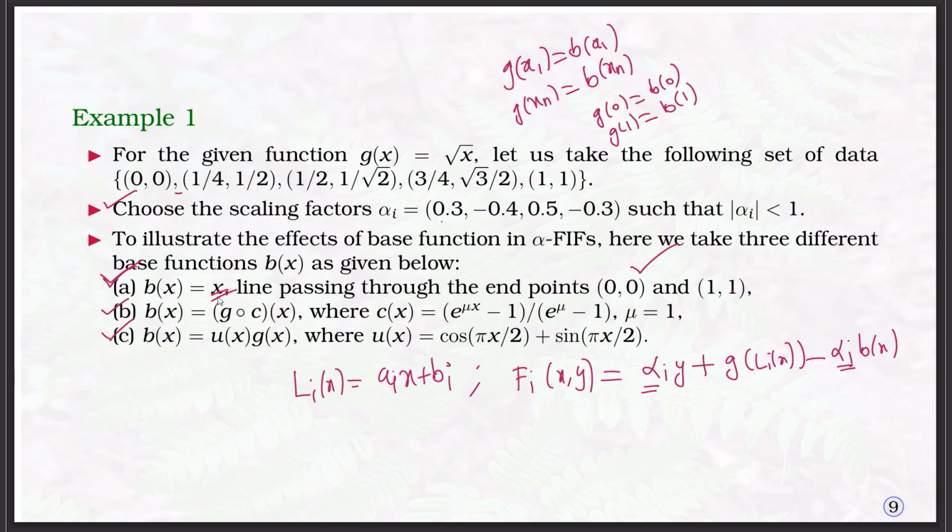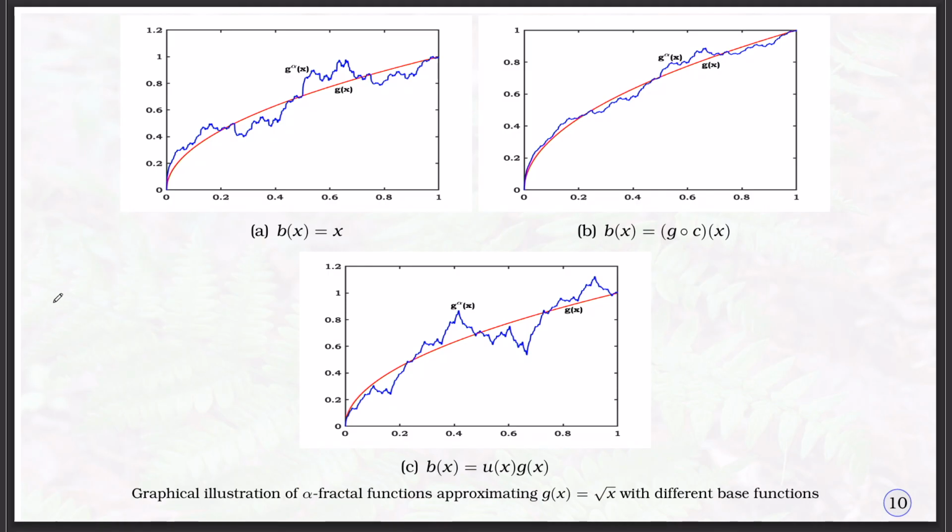and g of x is given as root x. So for each Li of x we get one part, and with root x we will get the iterated functions corresponding to this, each being a 3 iterated function system. It generates the fractal interpolation function, like 3 different fractal interpolation functions.